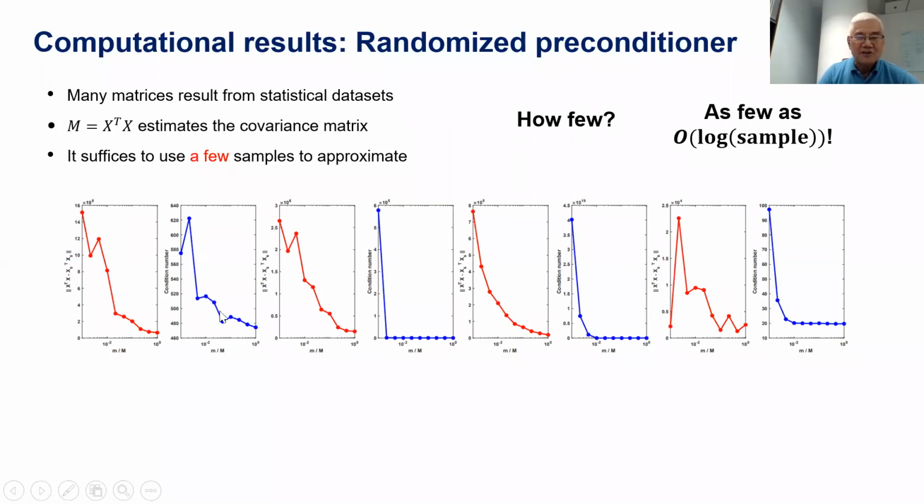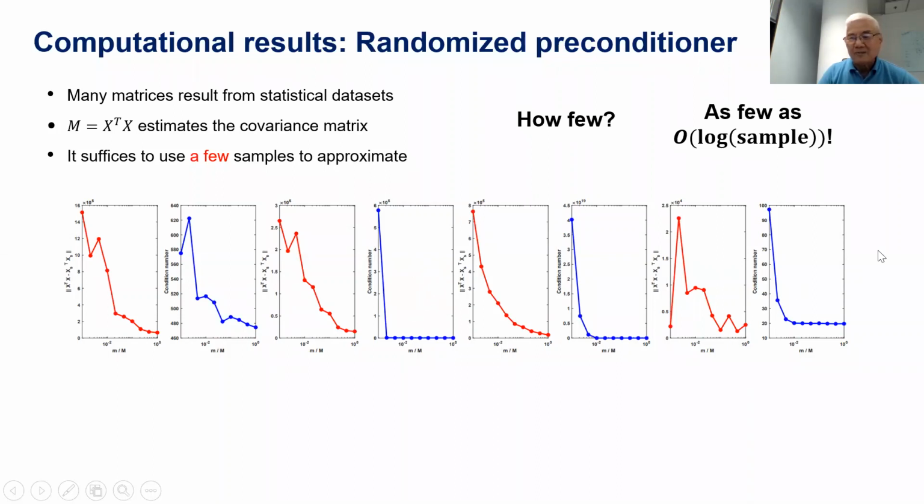This is the condition number, using the sampled preconditioner applied to the full matrix to see if it can still reduce the condition number. For this example, the full sample means the condition number can be reduced to this number. Now you can see that with 1% or 10%, you reduce it as well.